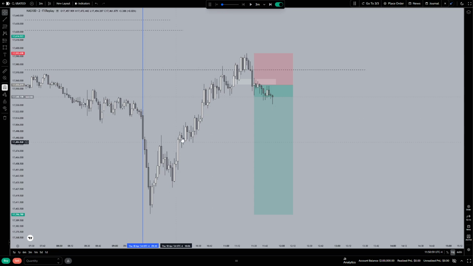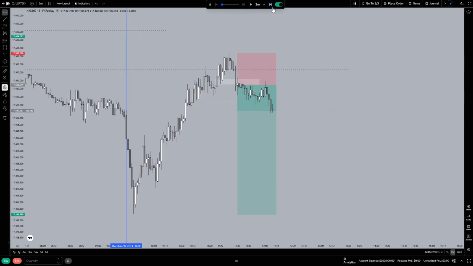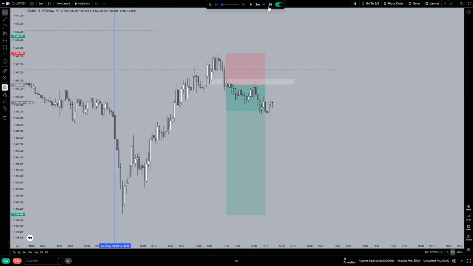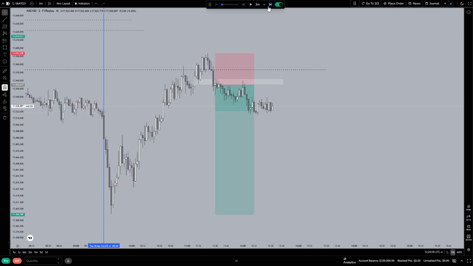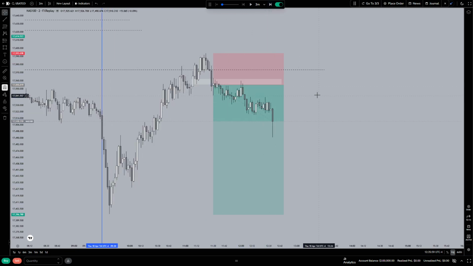Where would you partial? Where would you break even? In levels like this, I let price create PD arrays for me to find my answer. So in this case, here I would just go break even. Why? Look at these up candles.